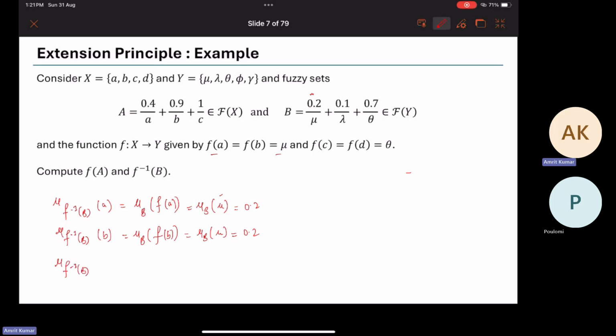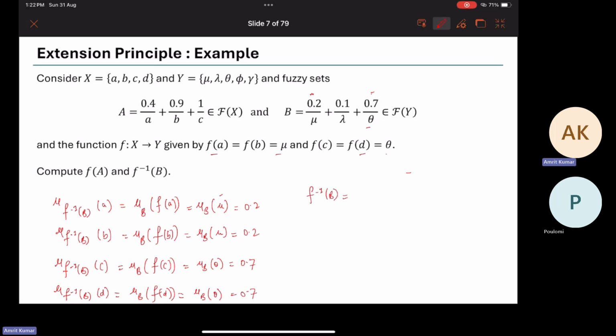Similarly, the membership of C in F inverse of B is mu B of F of C. But F of C is theta, and membership of theta in B is 0.7. And similarly, the membership of D in F inverse of B is this. F of D is again theta, and membership of theta in B is 0.7, right?